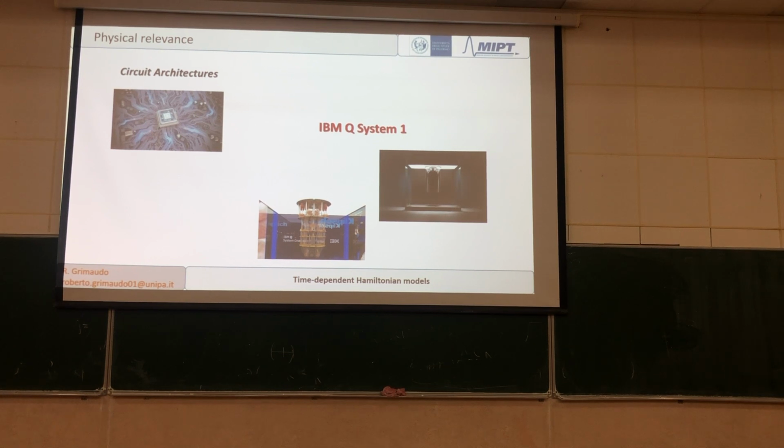Indeed, one of the most important issues that we have to face is the interaction of our quantum system with the surrounding environment. The environment disturbs the dynamics of our qubits, and so it destroys the coherence, which is the most important feature of quantum systems that we can exploit to do quantum computation and quantum information protocols.